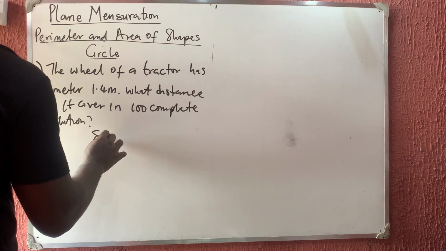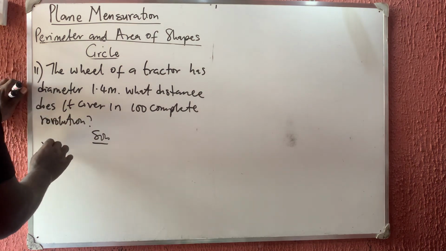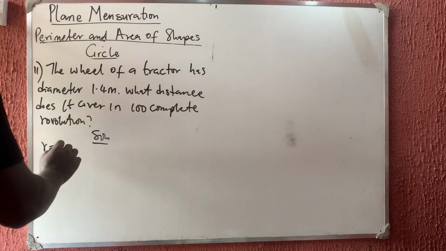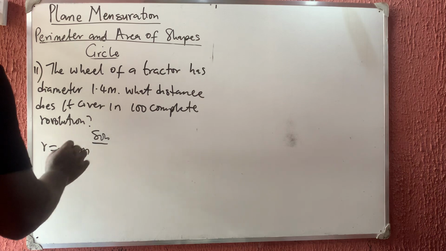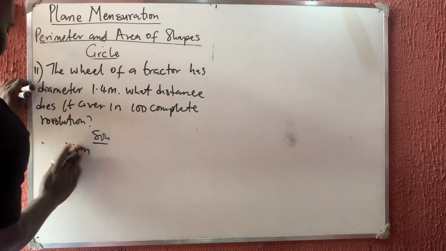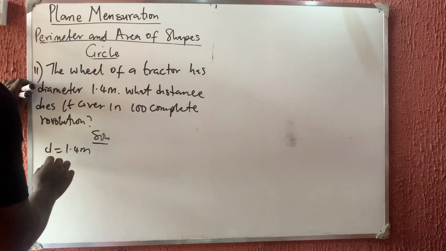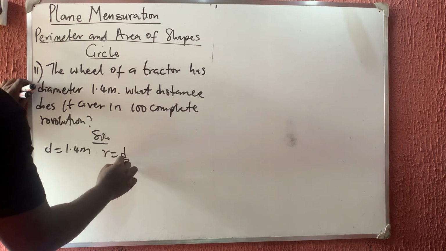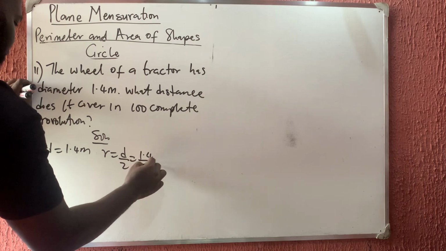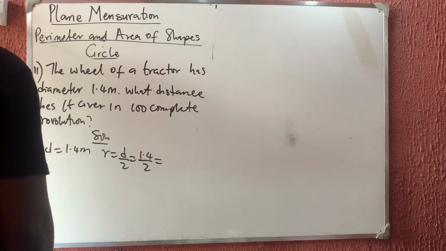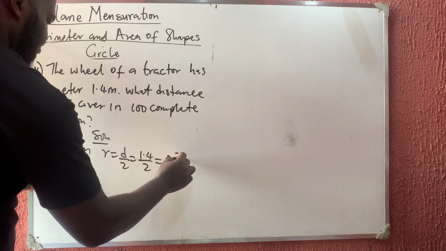Okay, solution. Now they gave us the diameter, 1.4 meters. So the radius is half of the diameter, which is 1.4 divided by 2, so I'm having 0.7 meters.